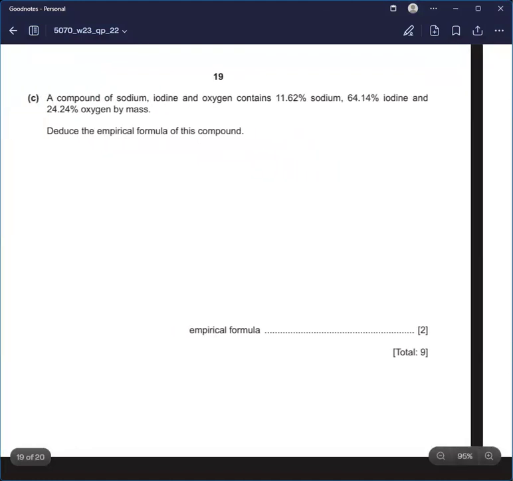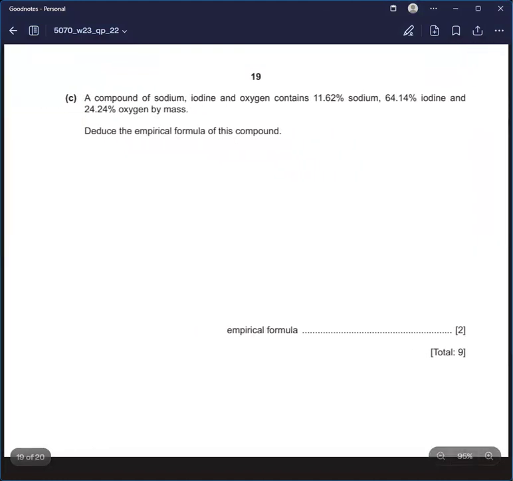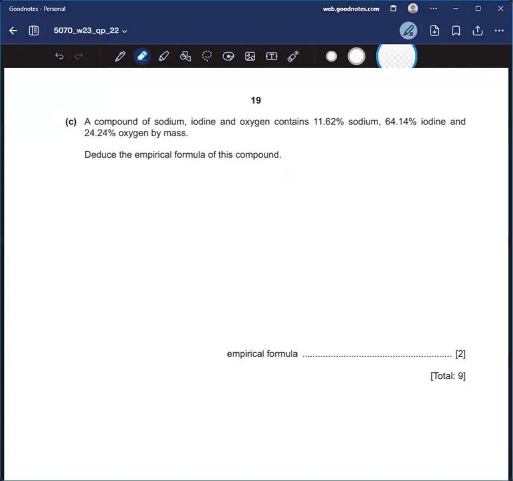Okay, part C. A compound of sodium, iodine, and oxygen contains this percentage of sodium, iodine, and oxygen by mass. Deduce the empirical formula. Let me draw columns for sodium, iodine, oxygen.